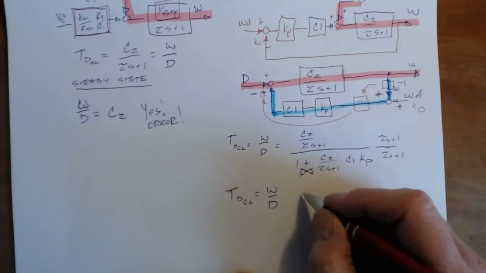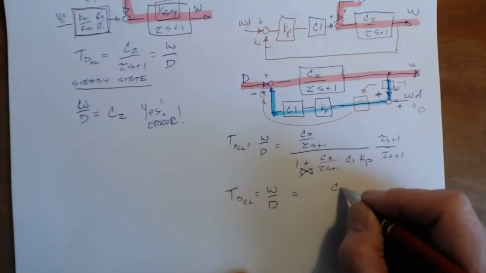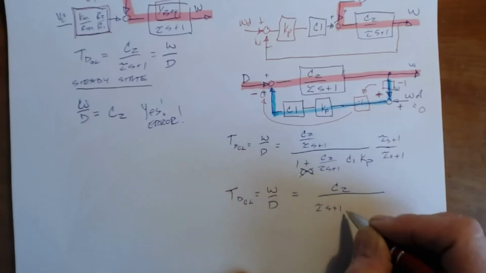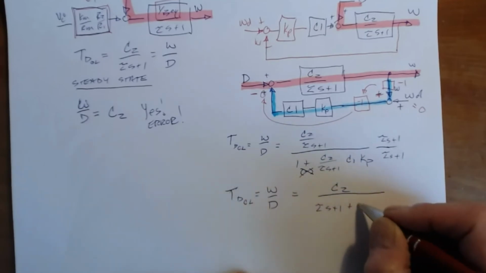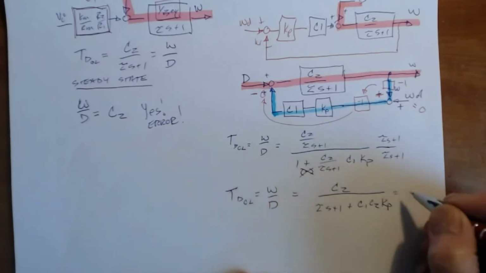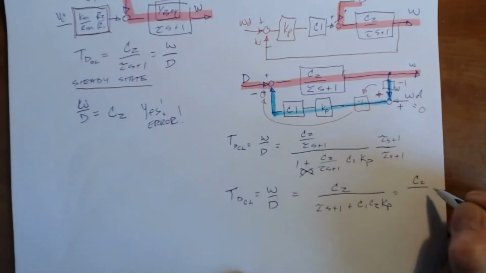It's going to be equal to C2 over tau S plus 1 plus C1 C2 KP.